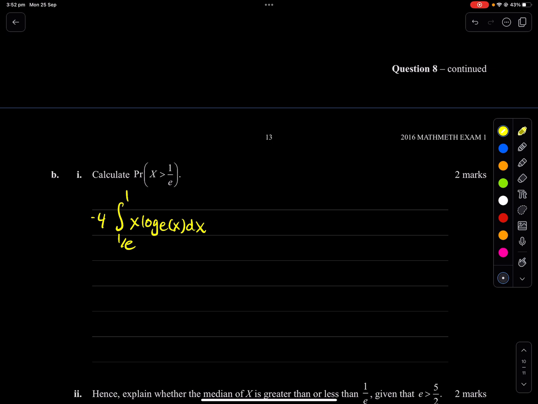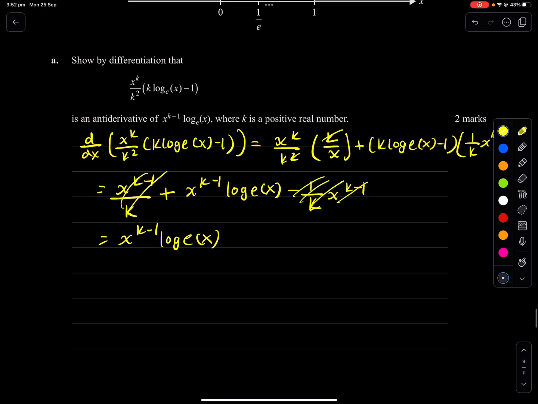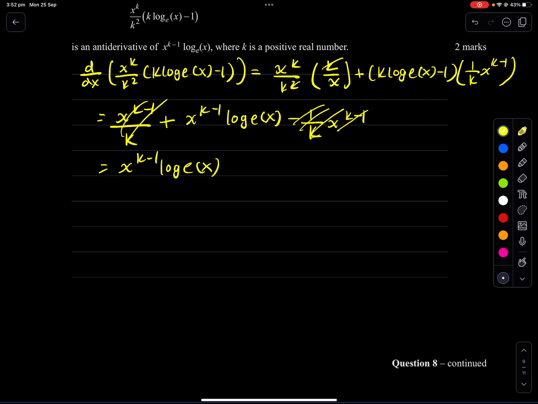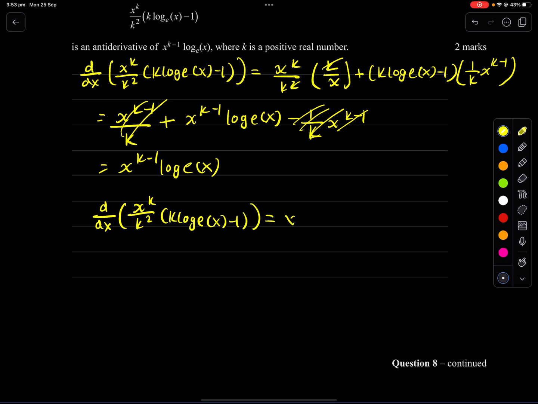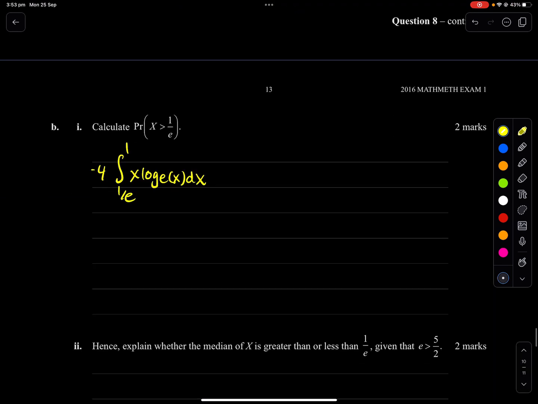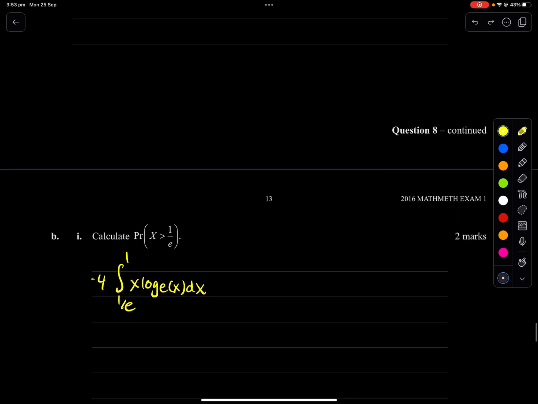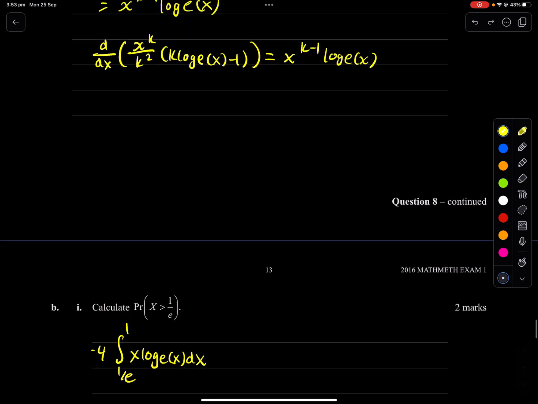Now we can't actually integrate log because that's not part of our study design, but luckily we're going to use integration by recognition here. Have a look at this. We've calculated the d/dx of x^k over k squared, k log e x minus 1, and that results in x^(k minus 1) log e x. What if I wanted this to be the same as this expression, what should we let k equal?